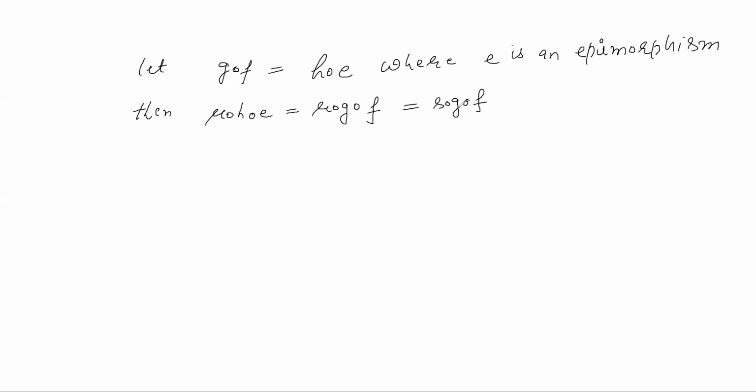And g composition f is again h composition e, so it is s composition h composition e. And e is an epimorphism, so it is right cancelable. Since e is epi, it implies that r composition h is s composition h.